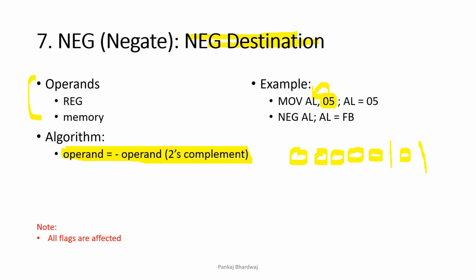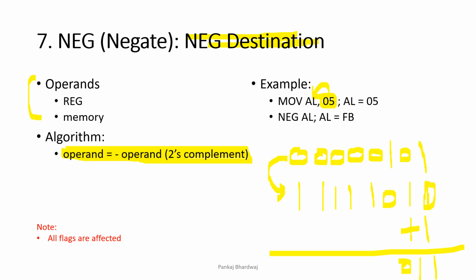So if we want to calculate the 2's complement, then first we have to calculate its 1's complement. So we subtract it from 1. So this will be 1 1 1 1, this will be 1, this will be 0, this will be 1, this will be 0, sorry. Now we add 1 to get the 2's complement. So this will be 1, this will be 1, this will be 0, this will be 1, and they all are 1.